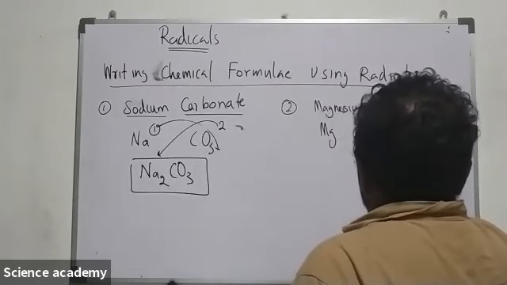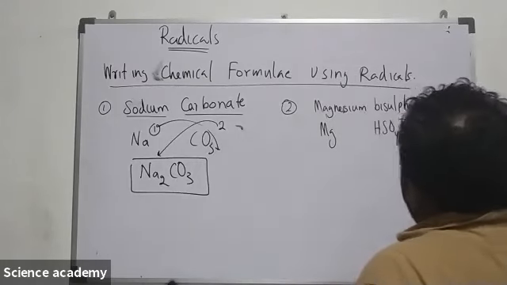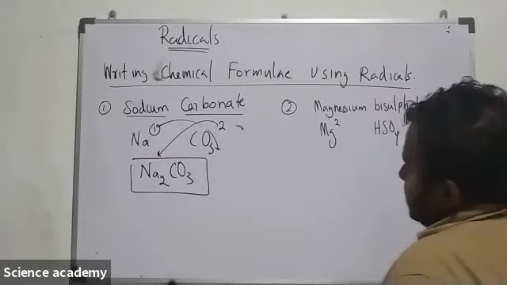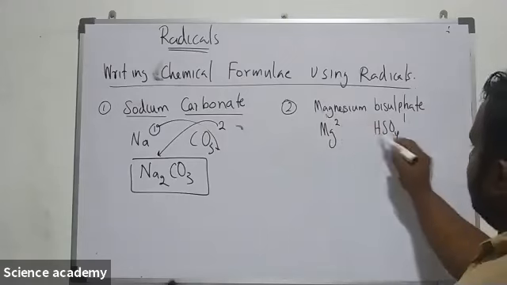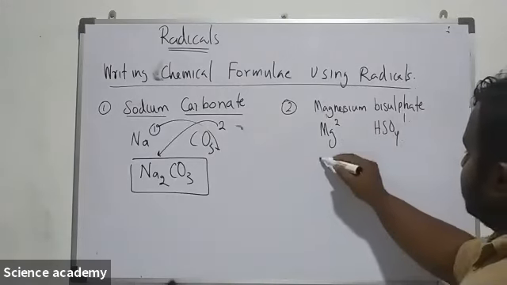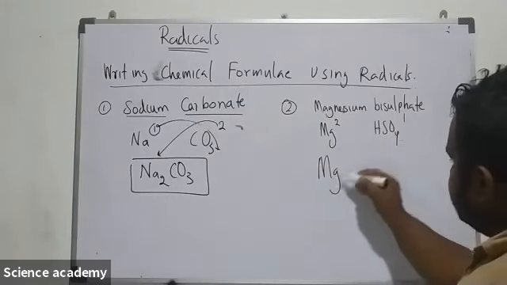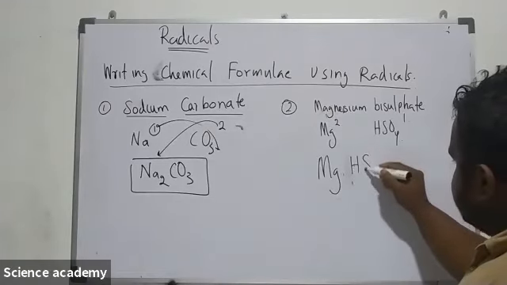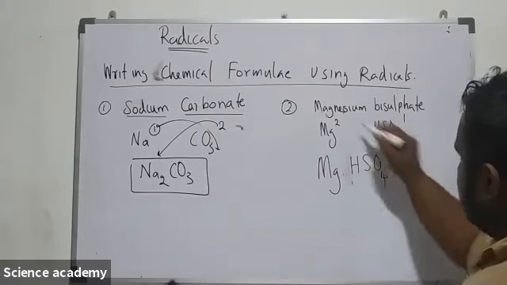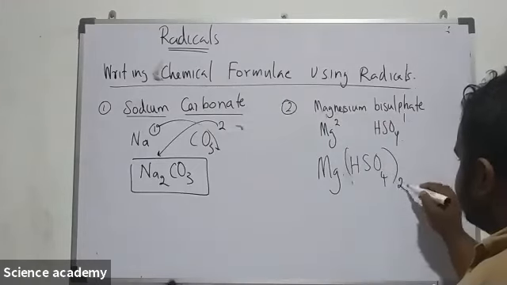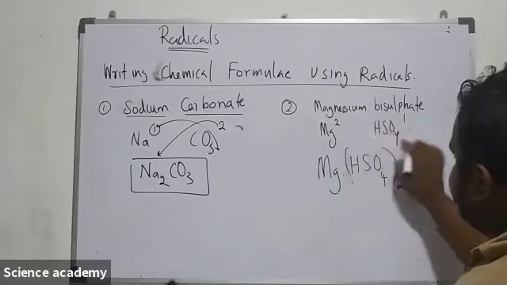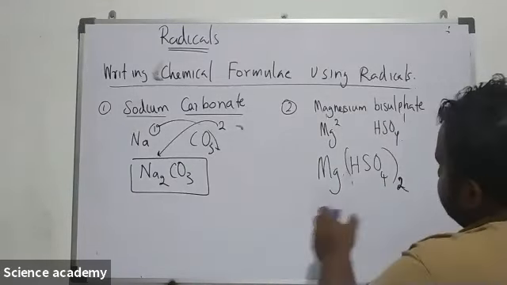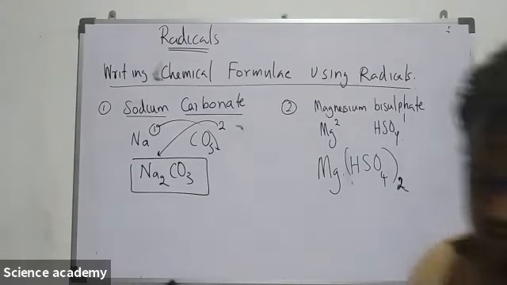Bisulfate is HSO4 minus. So minus means the valency is 1. Here it is 2. So this 2 belongs to HSO4 and 1 belongs to Mg. So it is going to be Mg(HSO4)2. This 2 applies to the entire radical, so we put a bracket and write it twice. That's how we write.